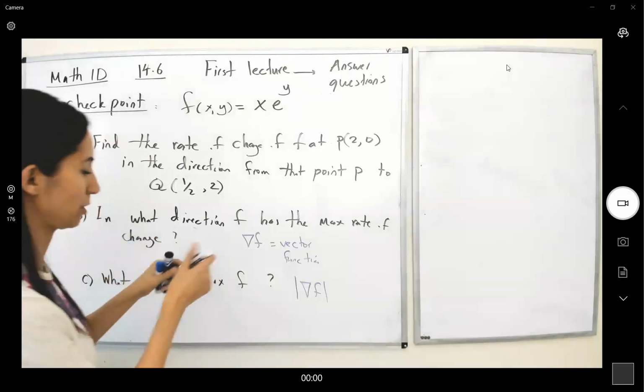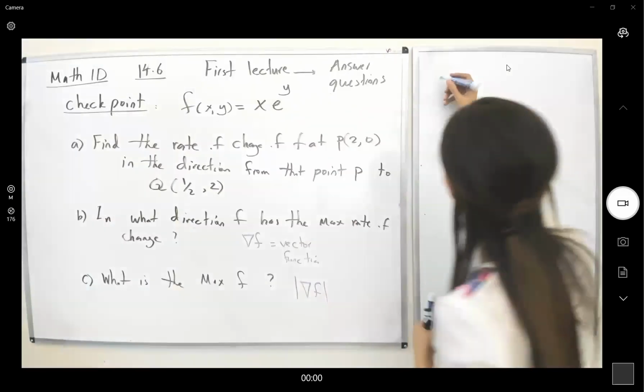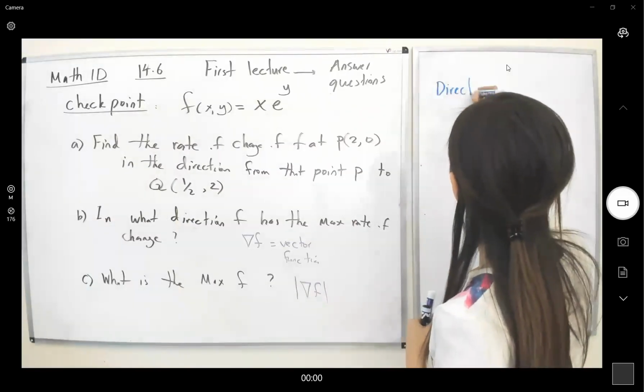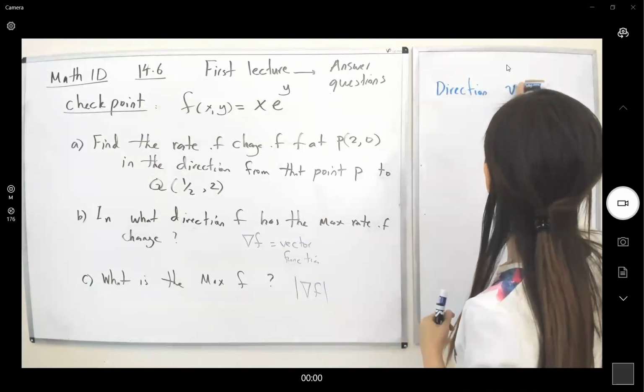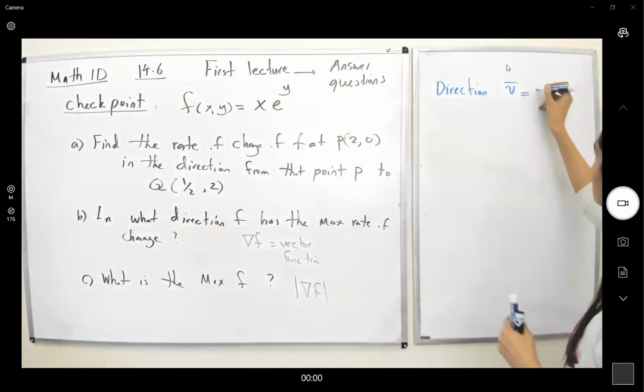What is the direction? The direction, or your v, is actually (1/2 minus 2).